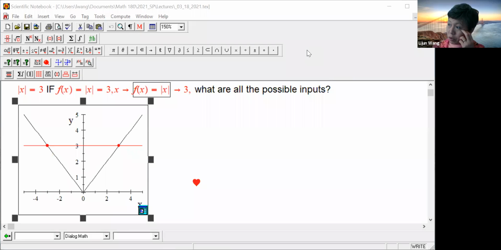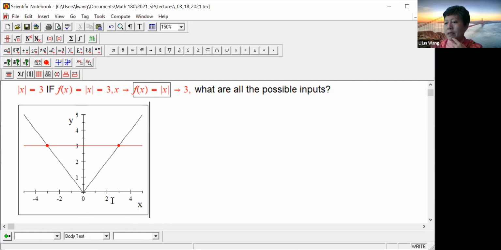So I'm going to show you here. What I'm doing here is the input, right? There are 2 dots here. And on the number line, if we only look at the number line, you probably have learned it this way.